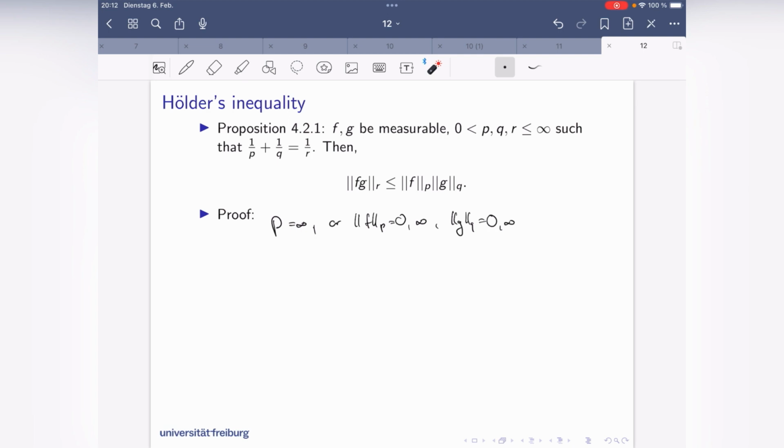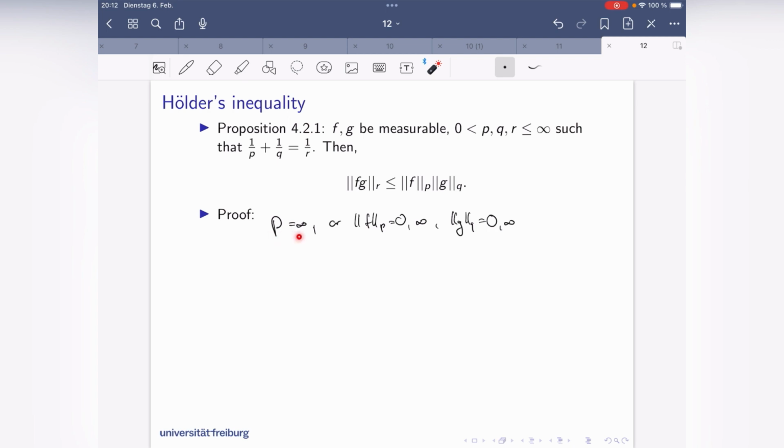For example, if this here holds, that means f is 0 almost everywhere. If f is 0 almost everywhere, then here we have a 0. But then also f times g is 0 almost everywhere, because we have a product of f and something, and that's 0 if f is 0. If the right hand side is infinity, okay, there's not much you can do, because then the inequality just holds.